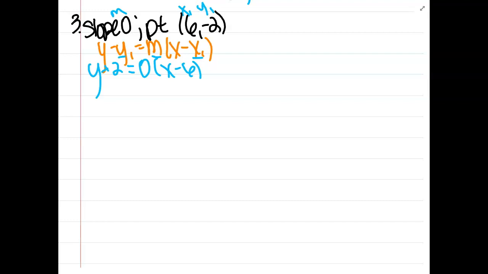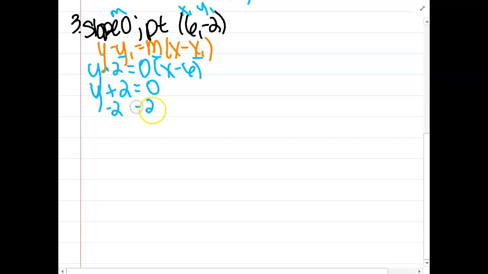So 2 steps. First thing we're going to distribute. The y plus 2 stays the same. When you distribute the 0, 0 times x is just 0, 0 times negative 6 is just 0. What are you going to get on the right-hand side? Just 0. So to put it into y equals, we subtract 2. We have y equals negative 2.